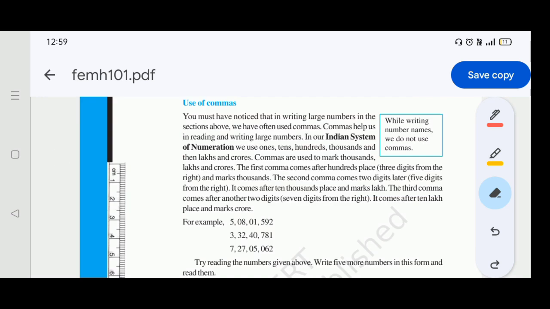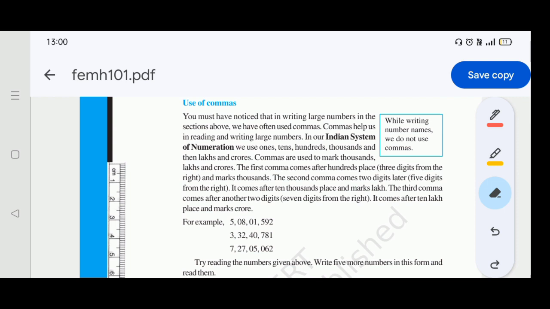Next concept. Before moving to the next concept, there is a sub-concept, that is the use of commas. You must have noticed that in writing large numbers in the sections above, we have often used commas. Commas help us in reading and writing large numbers. In our Indian system of numeration, we use ones, tens, hundreds, thousands, and then lakhs and crores.